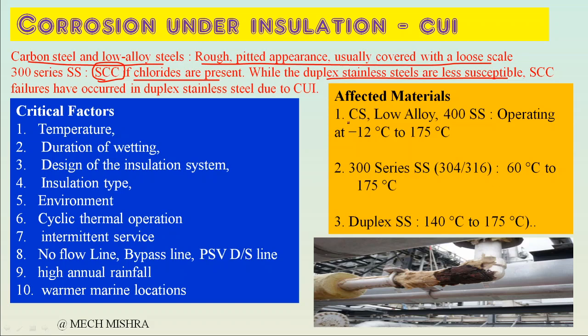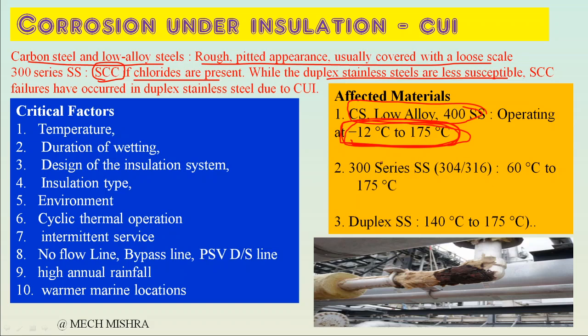Carbon steel, low alloy steel, and 400 series stainless steel are susceptible to CUI when the operating temperature range is -12 to 175 degrees. So if any of my piping systems in this metallurgy is operating between -12 and 175, it is susceptible to CUI and needs to be considered in the CUI elimination strategy program.